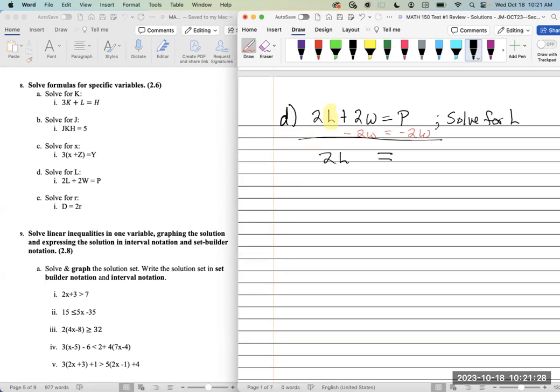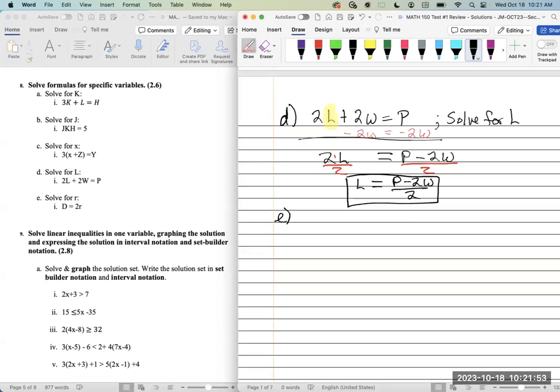Twice the length is the same thing as the perimeter minus twice the width. I want L isolated. Multiplication is blocking that goal, so the opposite of multiplying is dividing. So my length is P minus 2W over 2. Final answer.